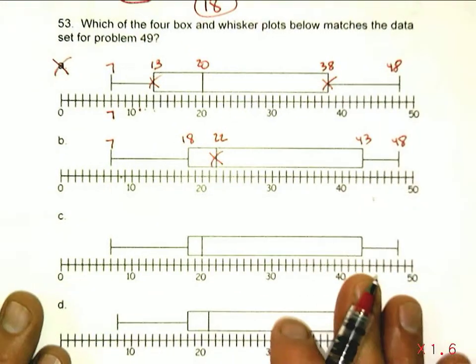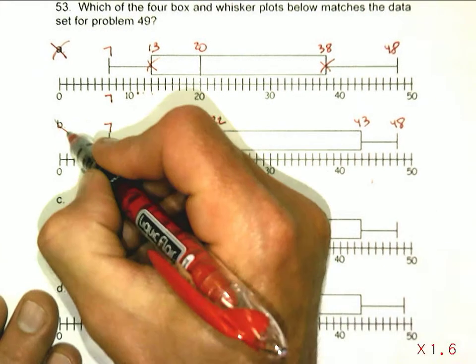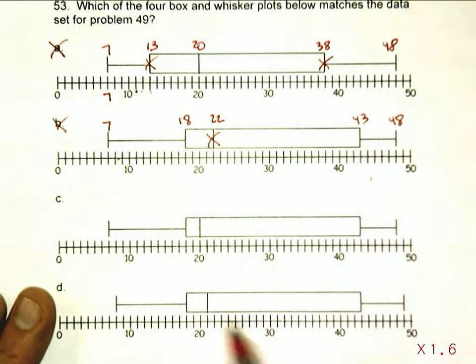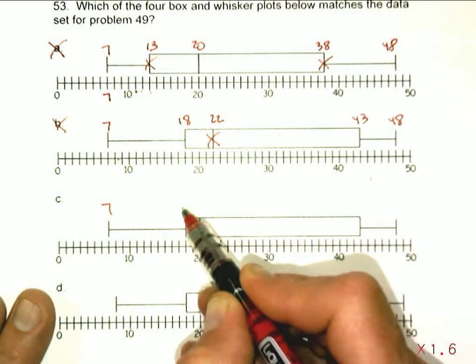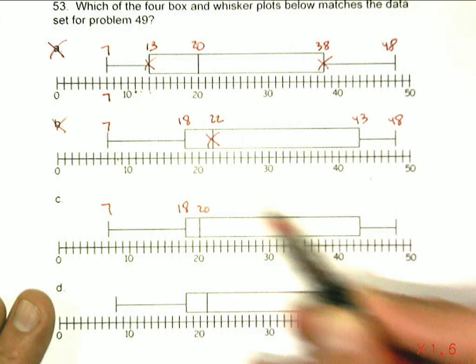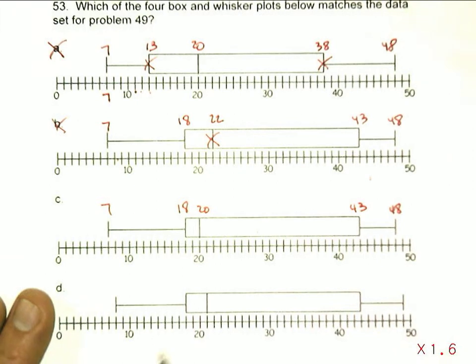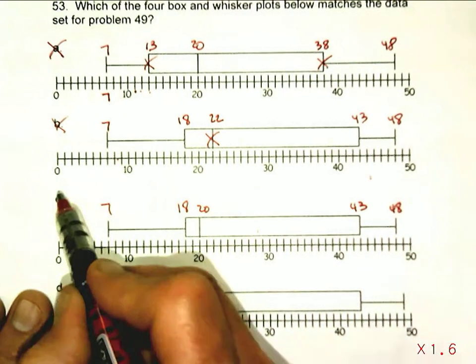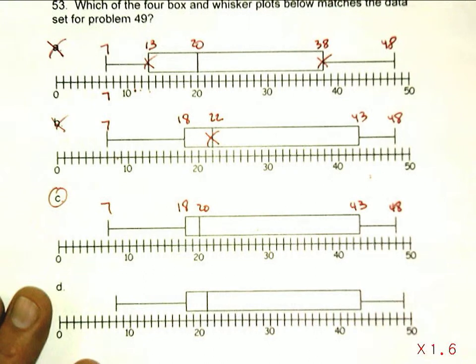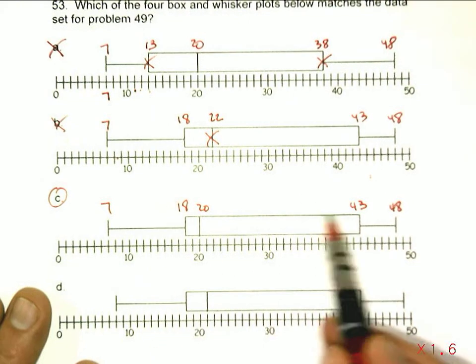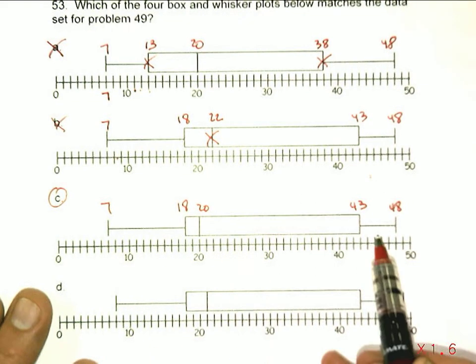So look at C. So B was incorrect. So here we have 7, 18, 20, 43, and 48. So it looks like C is correct. We have the correct 5 numbers on our box and whisker plot.